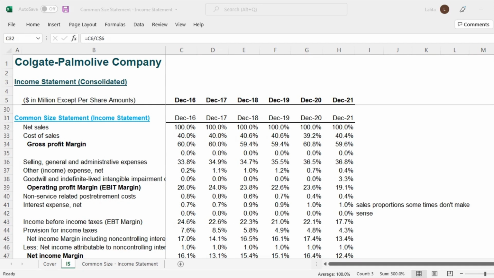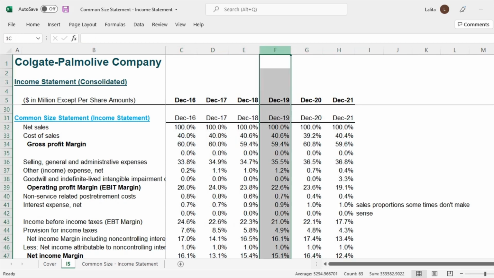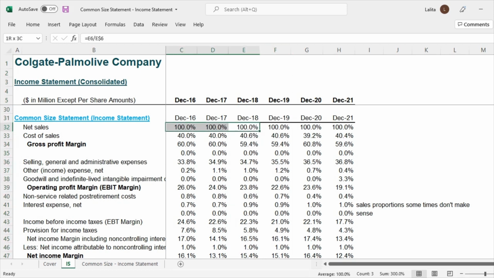Another limitation is consistency. What I mean by this is that, when we are comparing, let's say 2016 to 2021, in between there could have been a change in accounting policies or accounting principles. So this might have inflated numbers beyond 2019, and so these are non-comparable, so they are inconsistent. So when we just look at this common size income statement, we will not know when the change exactly happened.